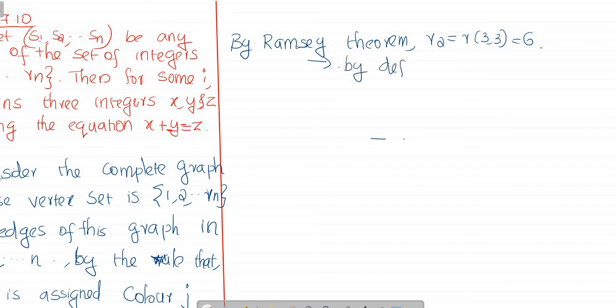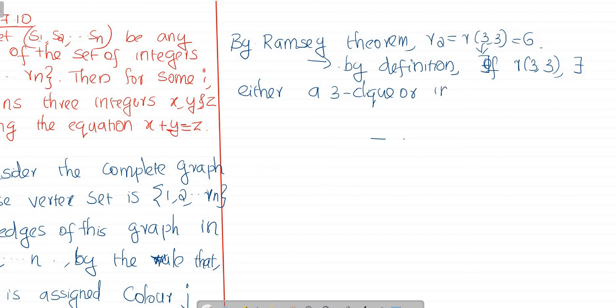By definition of R(3,3), there exists either a 3-clique or an independent set of 3 vertices.